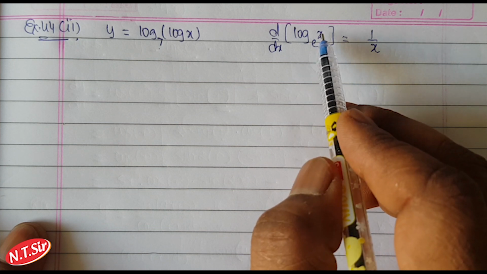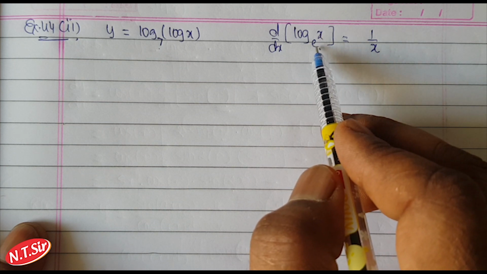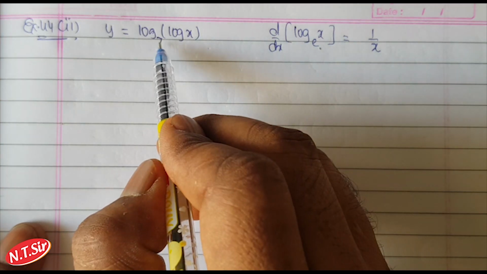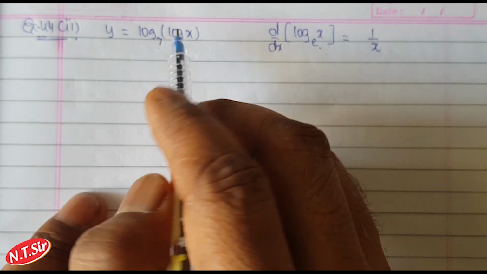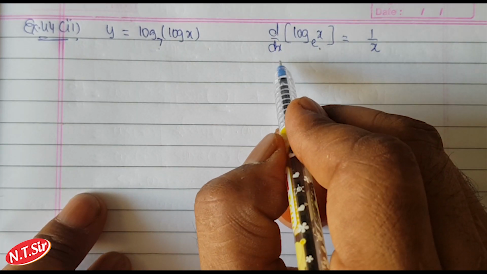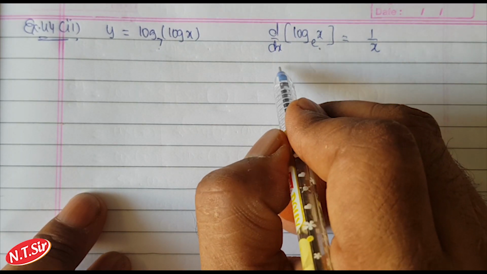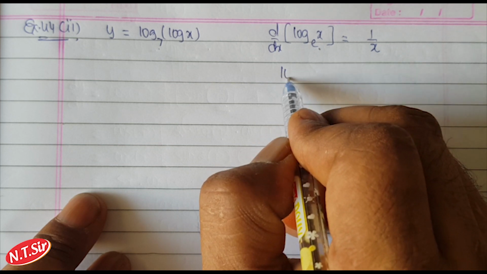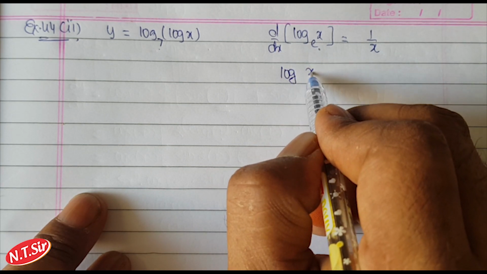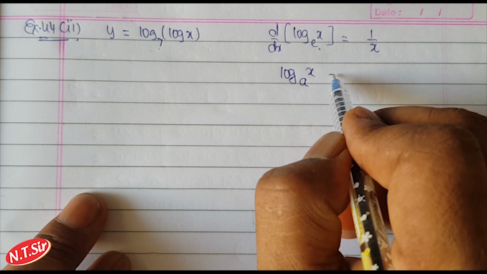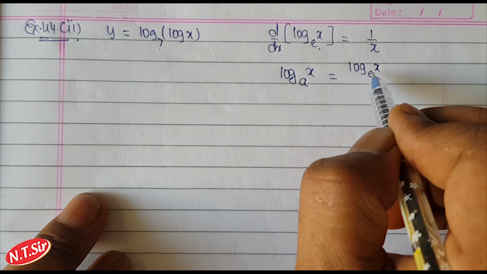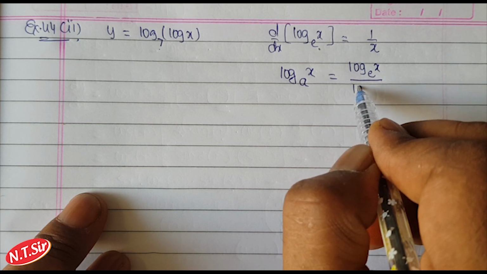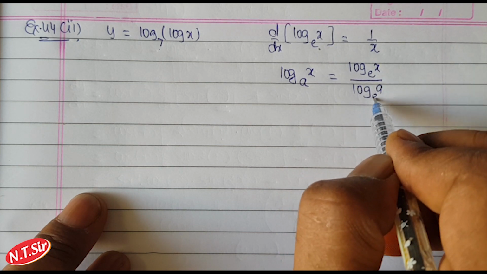This formula is only applicable for the natural base e. Here log x base 7 is given, so you have one formula: log x base a is equal to log x base e upon log a base e.